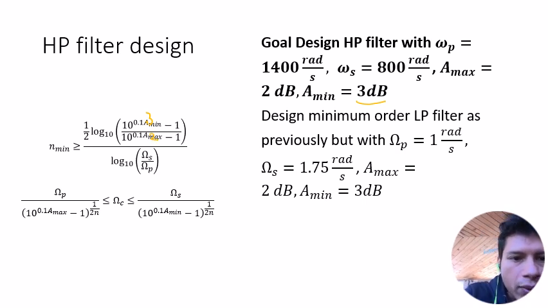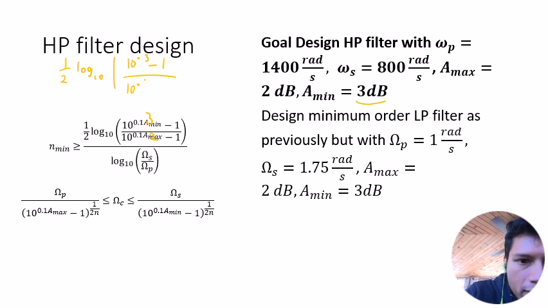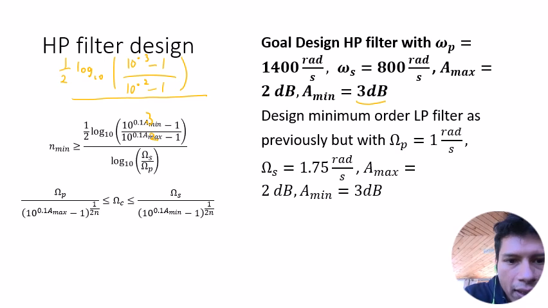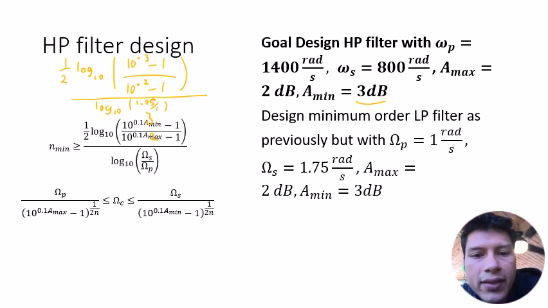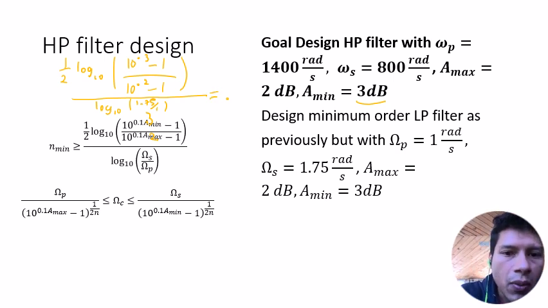Then we have 1 over 2 log base 10 of 10 to the 0.3 minus 1 over 10 to the 0.2 minus 1, and we divide that whole thing by log base 10 of 1.75 divided by 1, which is just 1.75. Plugging that into our calculator, we get 0.4 something. I think that's the right answer.